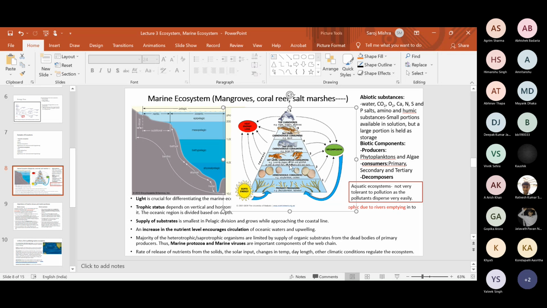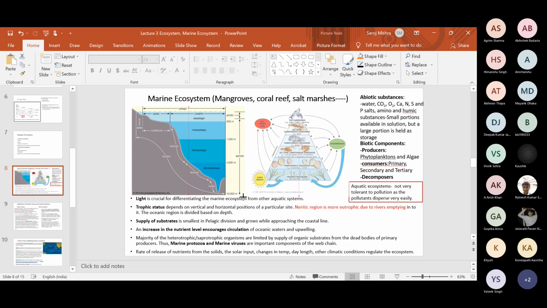So these are the different levels here. Through biological respiration, all of them give out heat energy, which is lost. And then there are decomposers, which are bacteria that feed on dead organic matter. Decomposers are also a part of this chain. I hope you get some appreciation of a marine ecosystem.